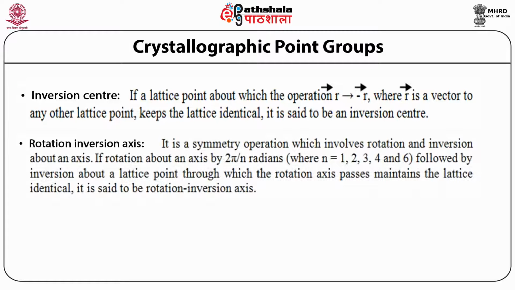Rotation inversion axis. It is a symmetry operation which involves rotation and inversion about an axis. If rotation about an axis by 2 pi by n radians, where n is equal to 1, 2, 3, 4 and 6, followed by inversion about a lattice point through which the rotation axis passes, maintains the lattice identical, it is said to be a rotation inversion axis.